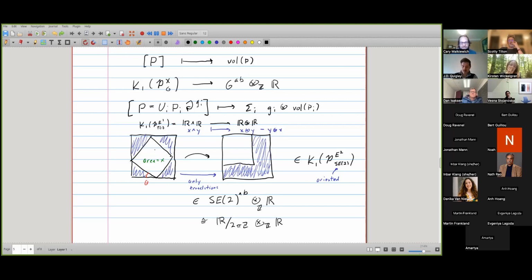And so as a result, only this piece is going to contribute to the trace. So I end up getting theta tensored with this area X inside this group. But in particular, this is usually not zero. And so this constructs a new family of non-zero classes in this K1 group.